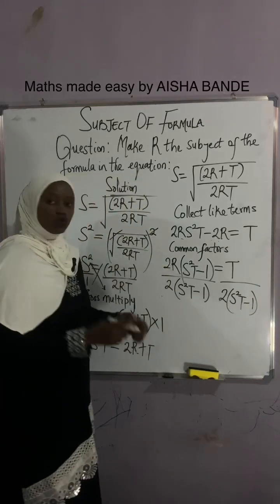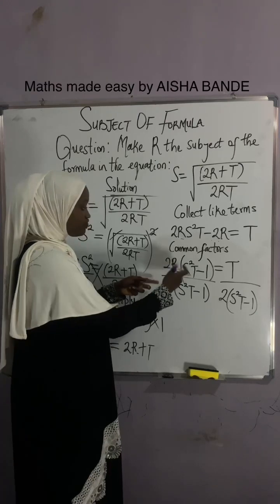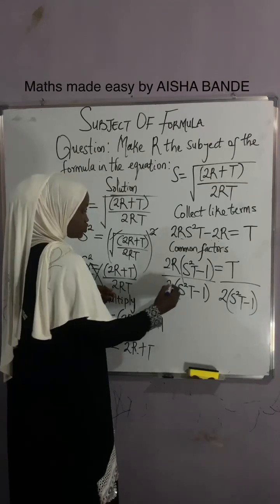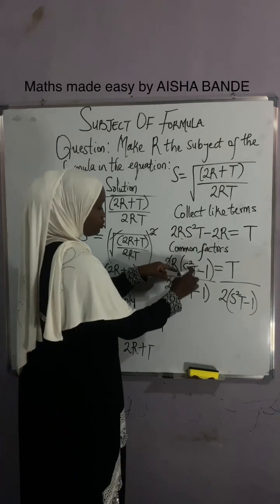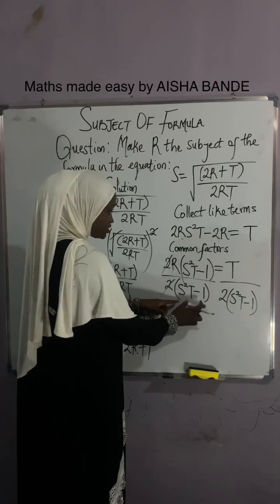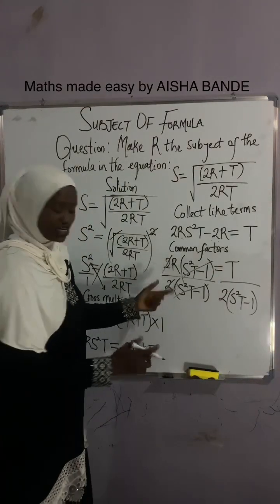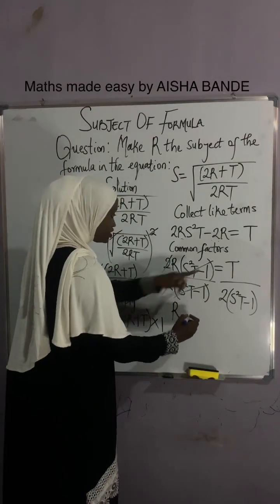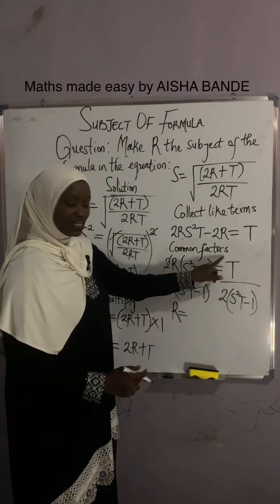So at this point, what we do is we cancel out whatever can cancel out. So here 2 can cancel out 2. This open bracket, S squared T minus 1, we cancel the 1 down here. So what we are left with at this left hand side is the R, then equal to, at this point, we can't cancel anything out.